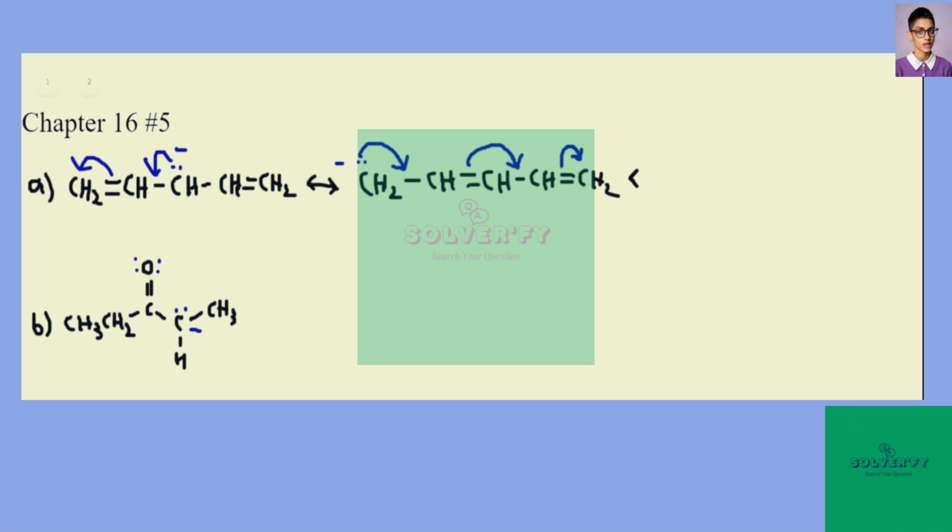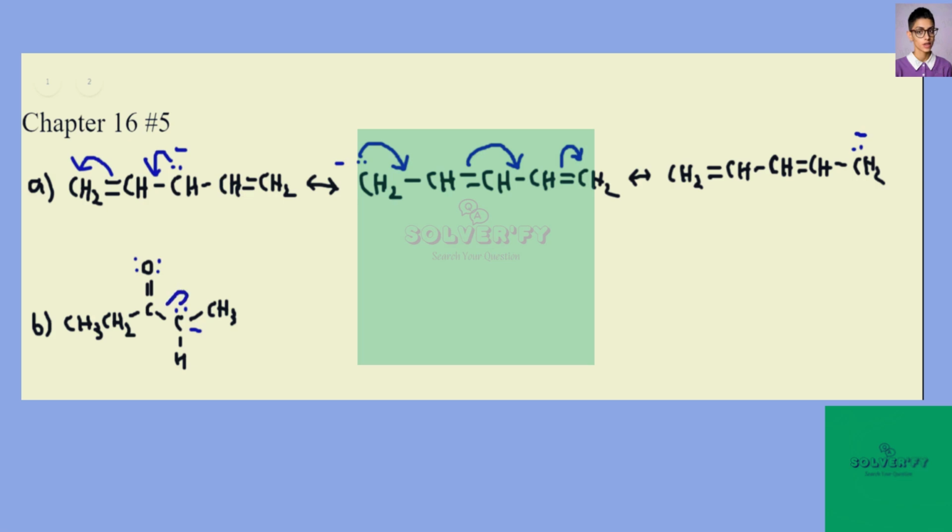And so the result of that electron movement is going to be a resonance structure where we have a double bond here, a single bond here, a double bond here, and a single bond here with the lone pair and the negative charge on this terminal carbon. Okay, so then for B, we can do the exact same thing.